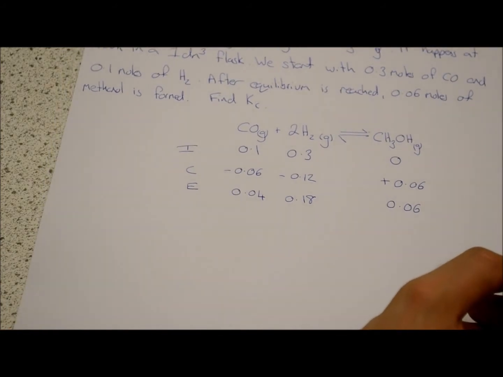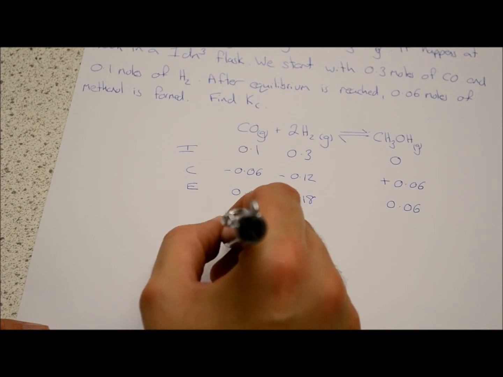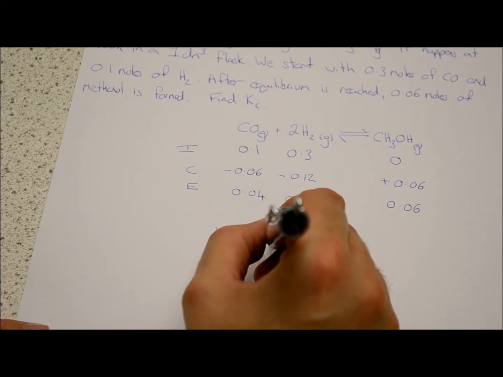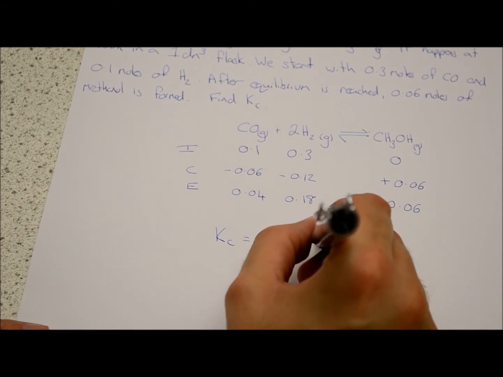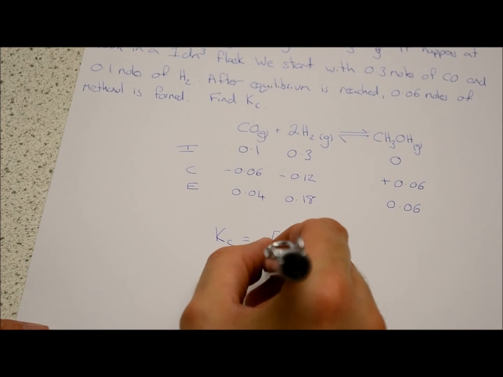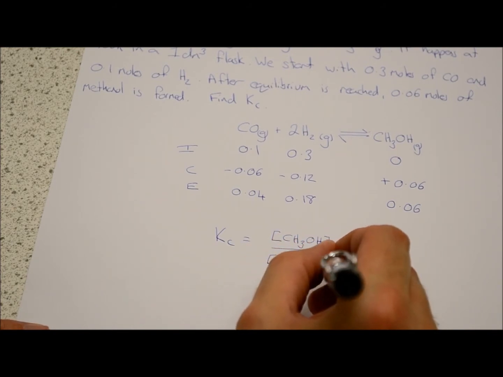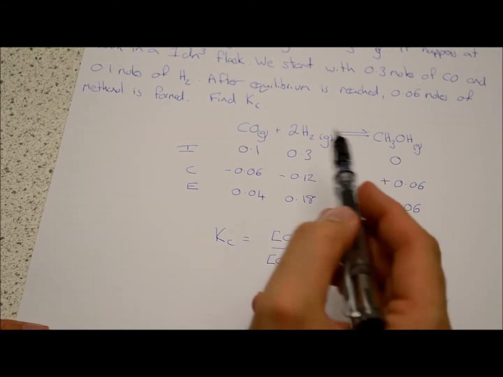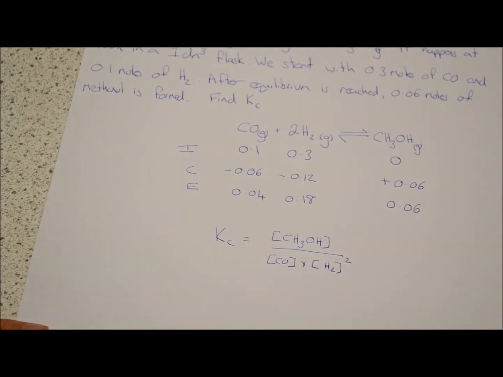So now we can work out our equilibrium constant by Kc is equal to the concentration of CH3OH, methanol, divided by the concentration of CO, carbon monoxide, multiplied by concentration of hydrogen gas. Now, because hydrogen gas, there are 2 moles in here, then we square that concentration.